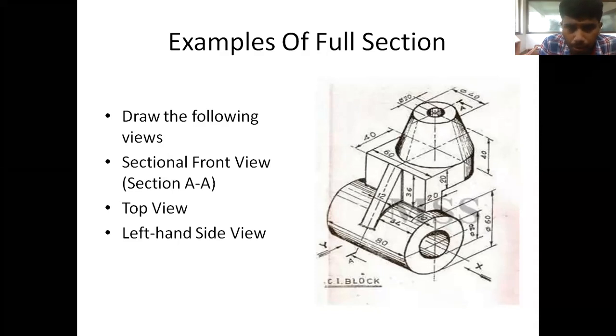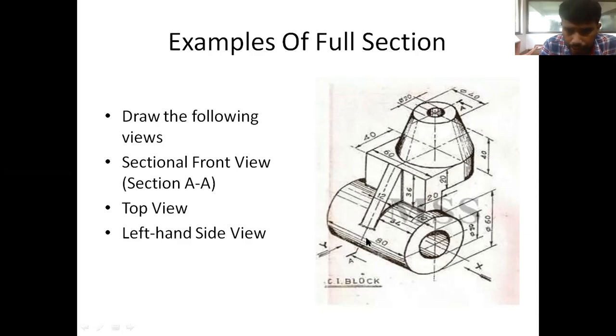He has given the problems, and in the exams also you will have the same kind of problems to draw the section views. So you can see the sectional front view through section AA.